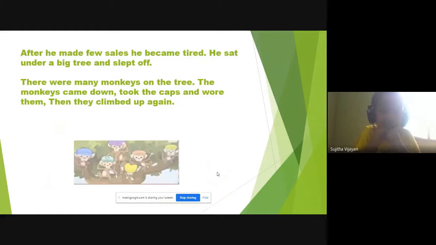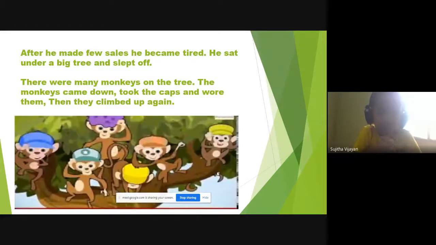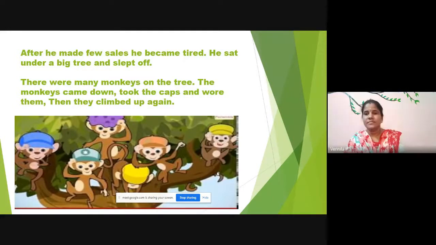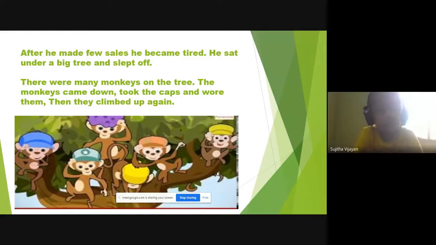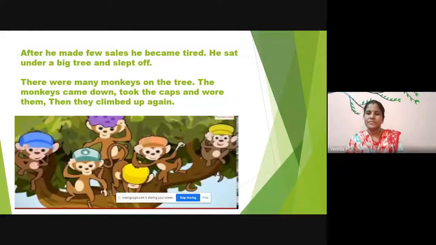After two days, the monkey and the tree.